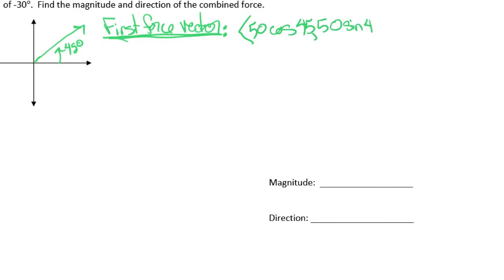Now I know that the sine of 45 and the cosine of 45 is root 2 over 2, but I still need to multiply that by 50, and so I do know that the two of them will be the same, and they are both 35.355.